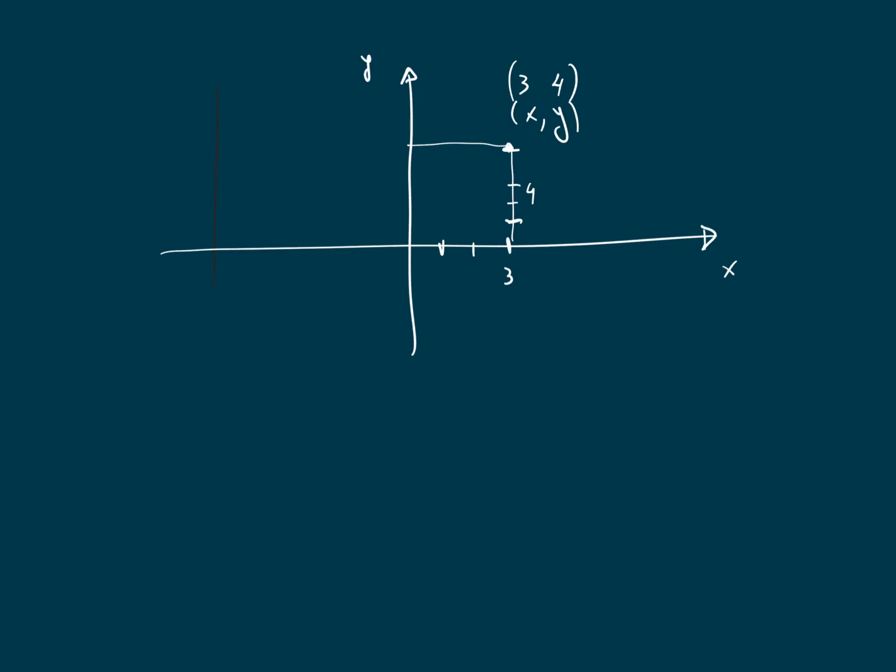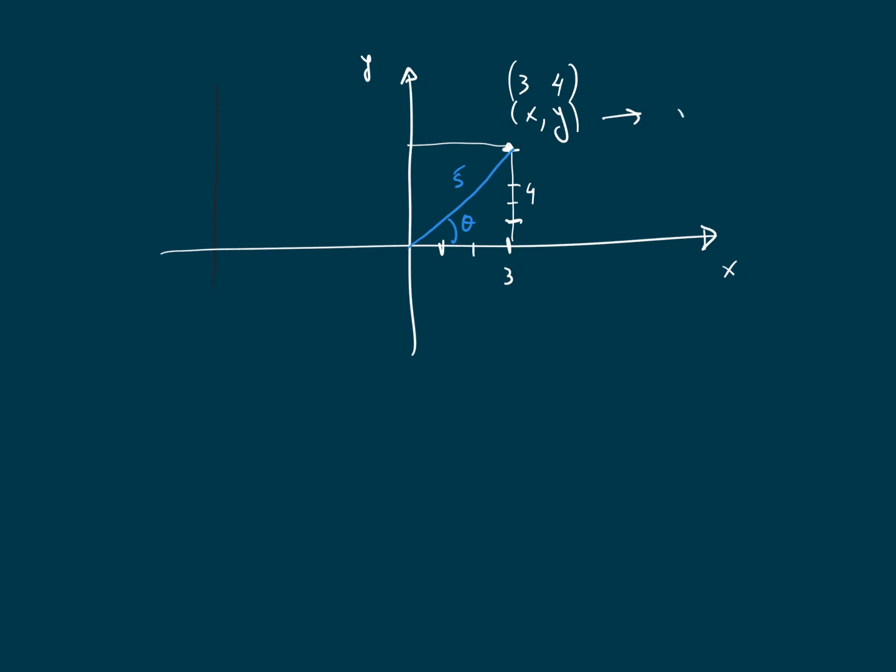In polar coordinates, the instructions say, tell me how far you are. How far you are is 5, because the Pythagorean theorem says that the square root of 3 squared plus 4 squared is 5. So tell me how far you are and tell me at which angle you are. So I will tell you the 5 and I will tell you this theta. So in polar coordinates, the data is not the x and the y.